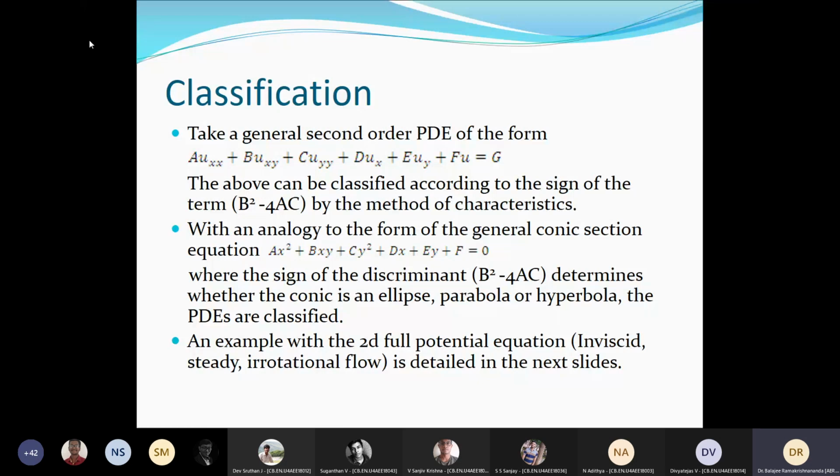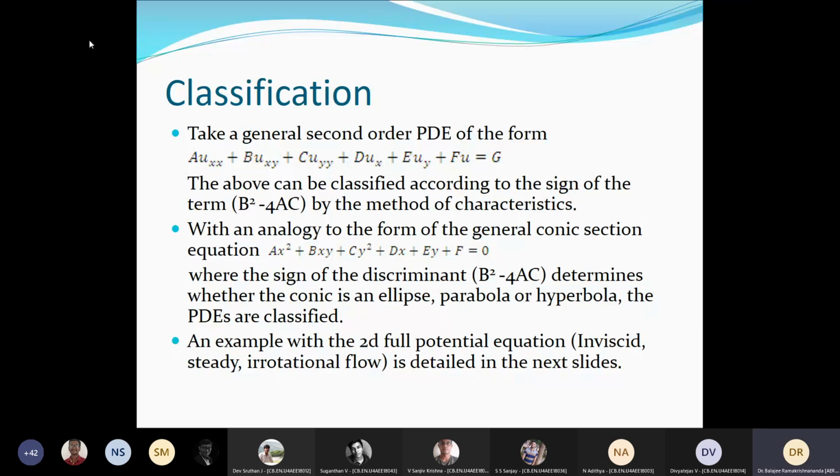Don't carry over what you know about conics to the PDEs. The similarity ends here. That is why they are named elliptic equation, parabolic equation, hyperbolic equation. Don't carry the similarity to any other extent. Okay. Don't imagine anything more.